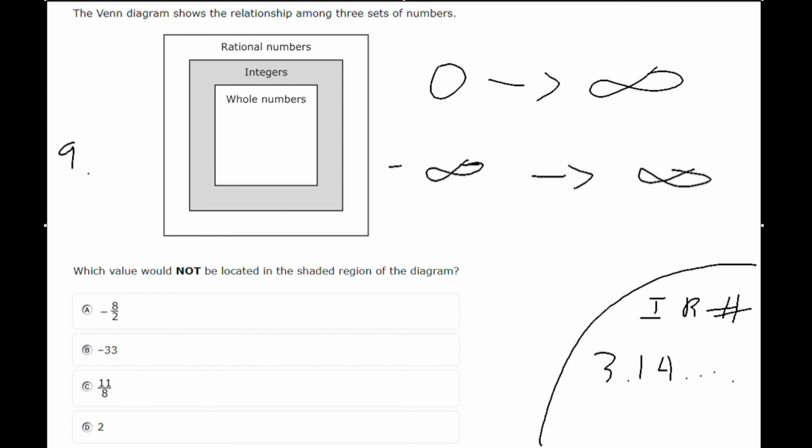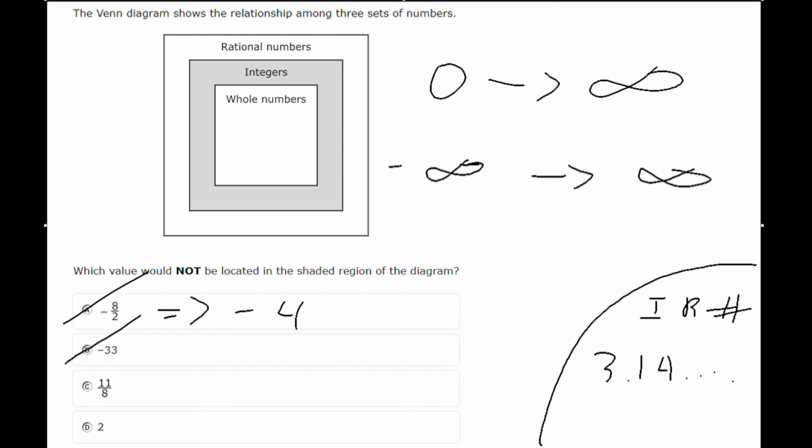So now let's check out our question. So let's start off with answer choice A. Does this fit into the shaded region? -8/2 can be simplified into -4. So yes, it does fit. So A is not our right answer. -33, that fits on the number line. That's not the right answer. 11/8, that cannot be simplified into a regular number, a whole number.